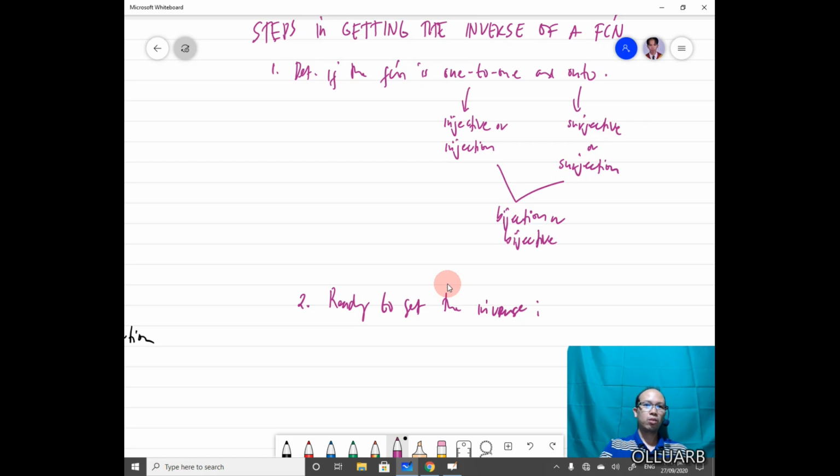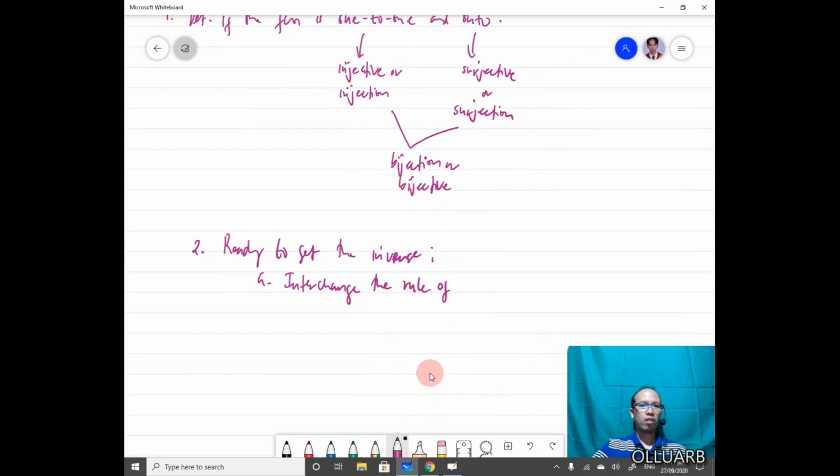So what you will do here is first, interchange the rule of x and y.